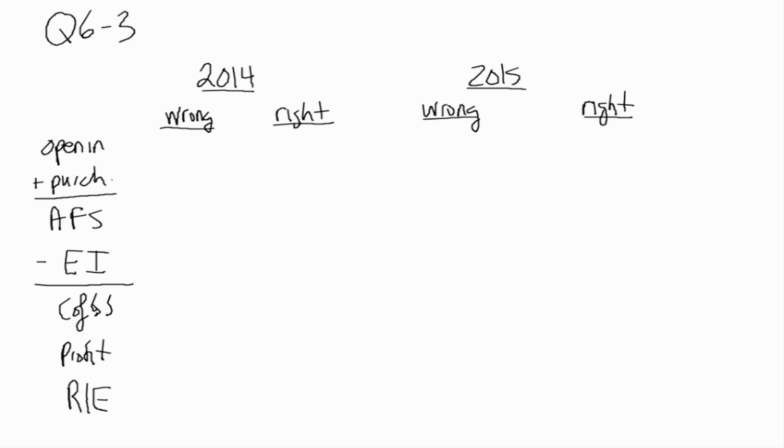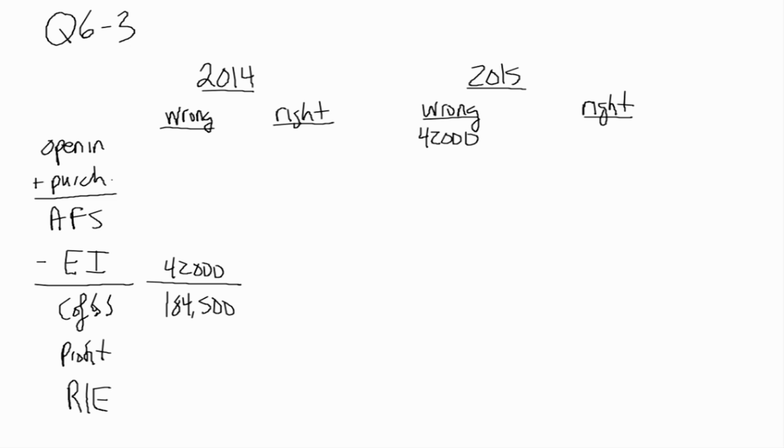So what I always do is I fill in all the information that I have. So for 2014, I have cost of goods sold, which is equal to $184,500. And ending inventory is equal to $42,000. Now, 2014's ending inventory becomes 2015's opening inventory.